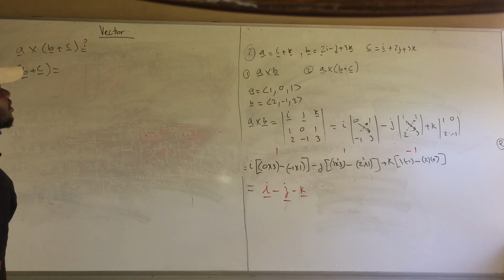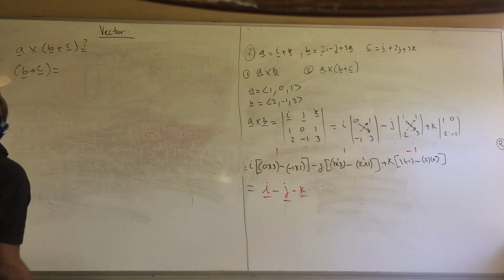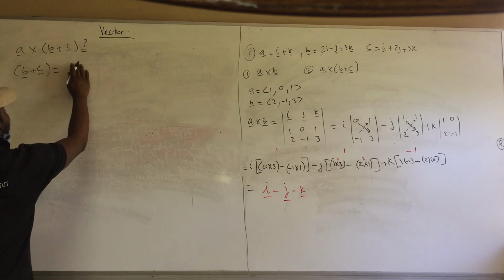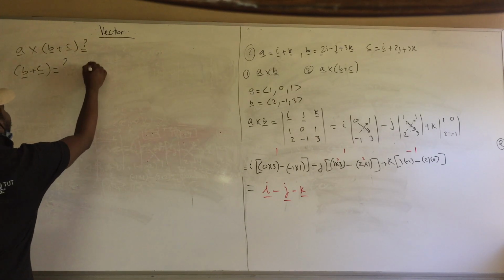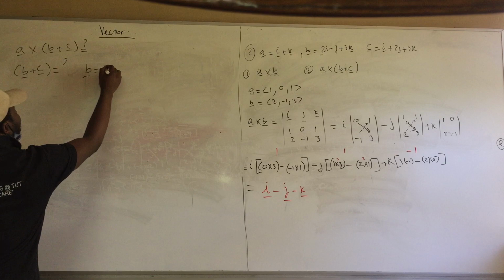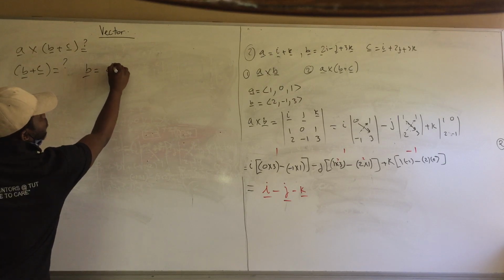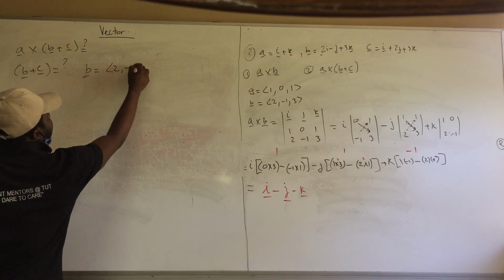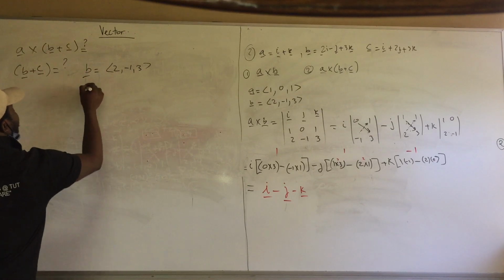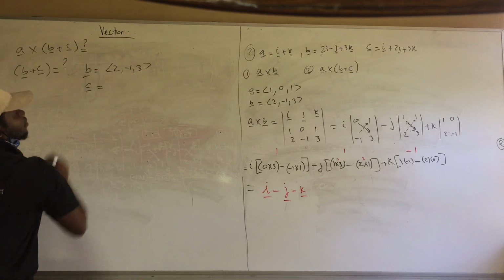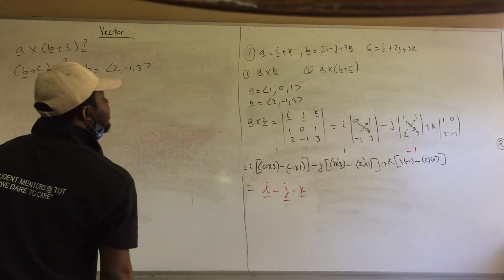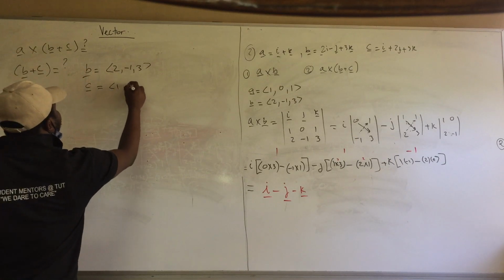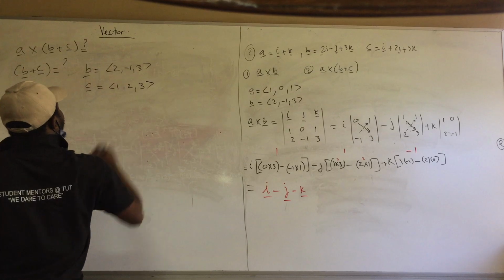My vector B is 2, minus 1, 3, like this. And my vector C, what is C? C is equal to 1, 2, and 3.